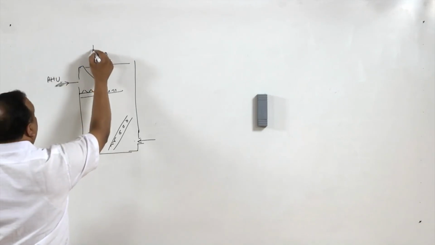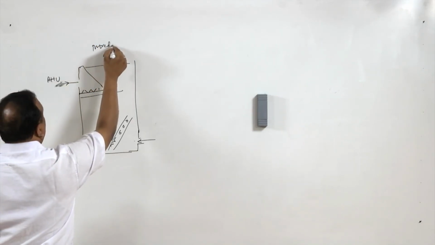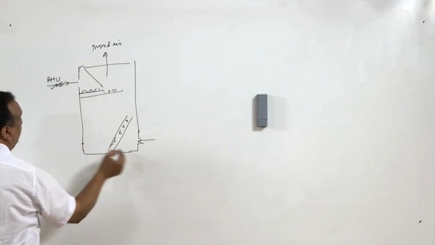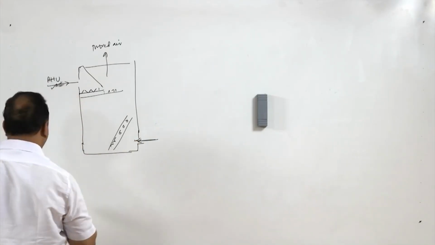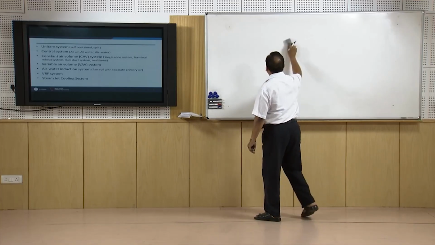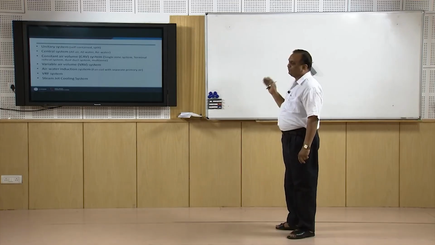This mixed air is a mixture of the fresh air coming from the AHU and the air coming from the room. So, likewise there can be many arrangements in central system.